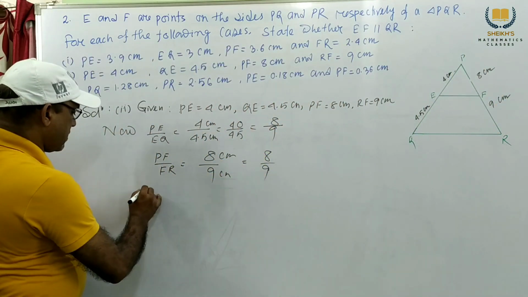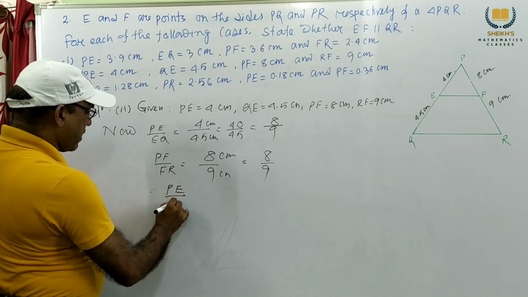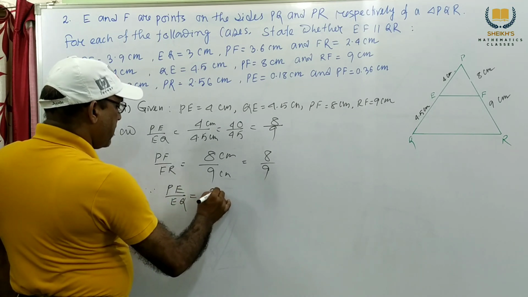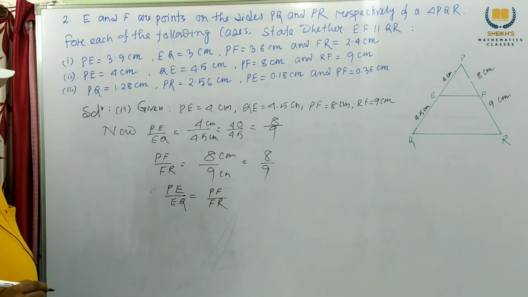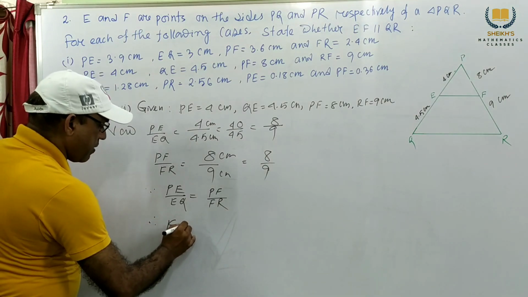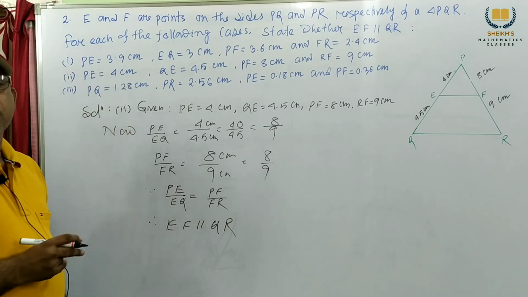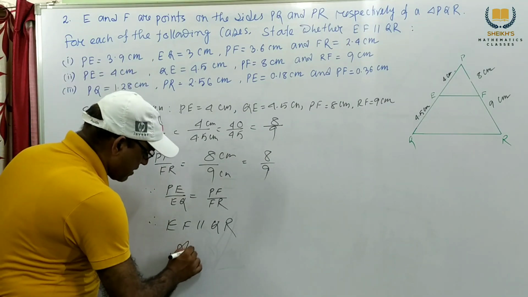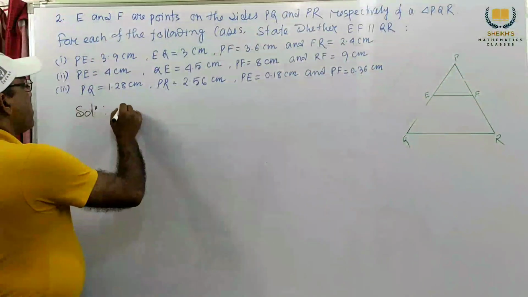So since PE by EQ is equal to PF by FR, their ratios are equal, therefore EF is parallel to QR. By the converse of the basic proportionality theorem, these are parallel. Answer is yes. Now we consider problem number 3.